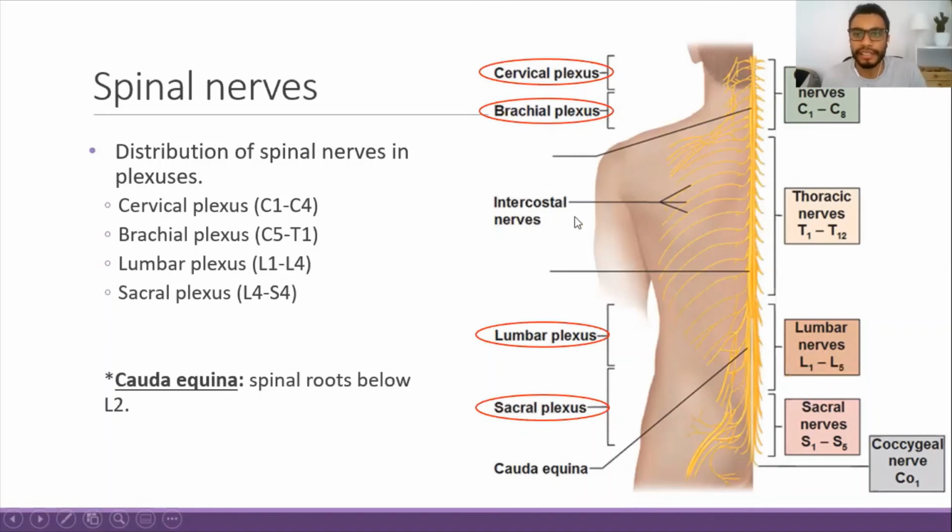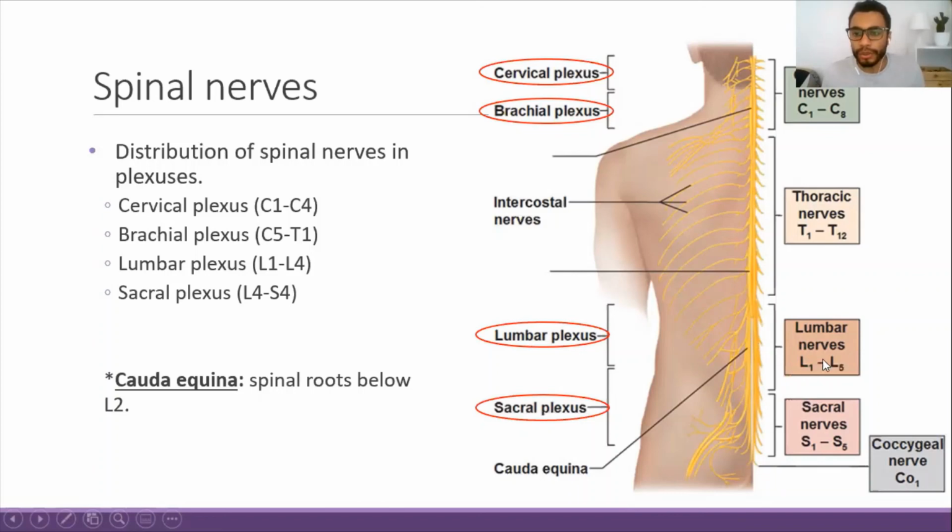The thoracic nerves don't have a plexus. A plexus, by definition, is a group of nerves that innervate a specific area. So the thoracic nerves do not make a plexus as the cervical nerves do.